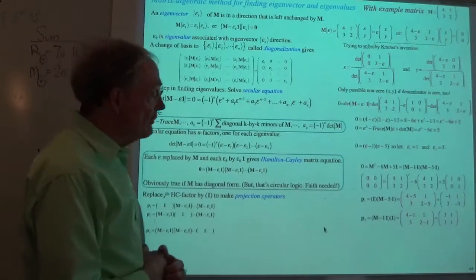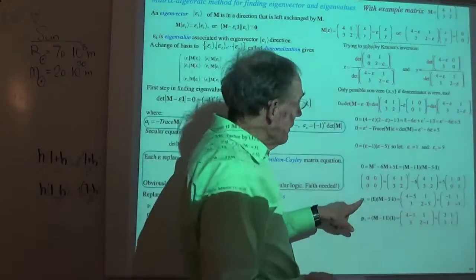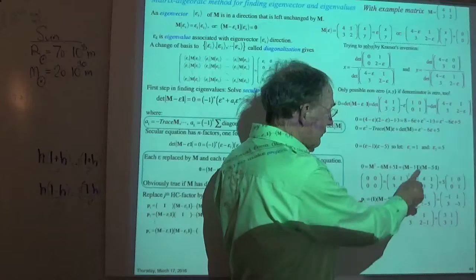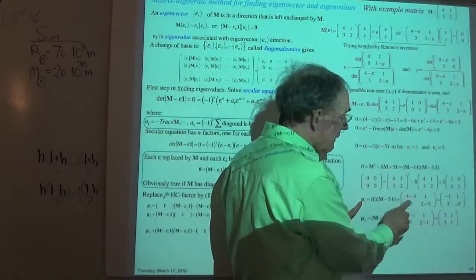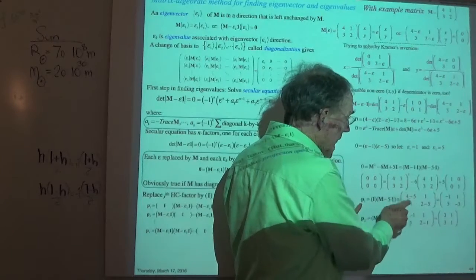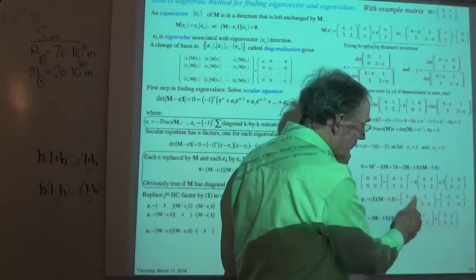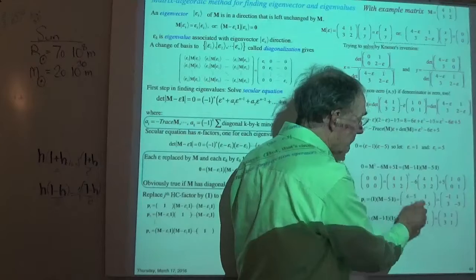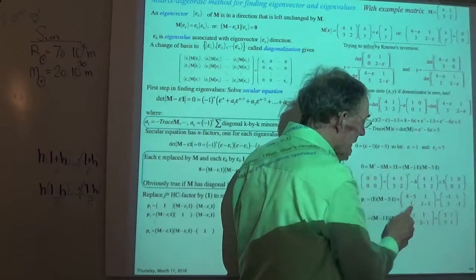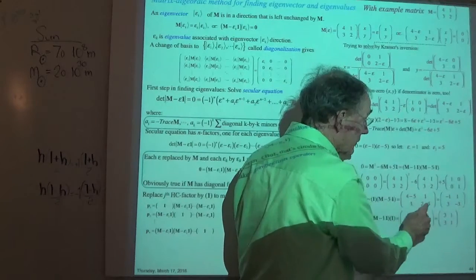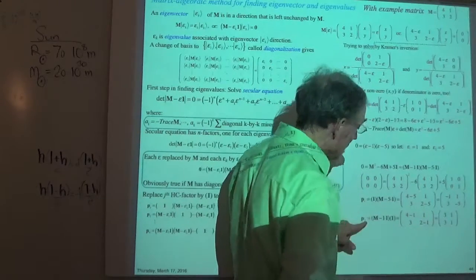And you'll see that in just a minute. So here all I did was replace the first factor by a 1. So that's m minus 5 times 1. So here's the m with minus 5 times the thing on the diagonal. That's the 1 matrix. Okay? So I've got a minus 1 from that, and a 1 from that. The off diagonals don't change, but the on diagonals do. Okay? And then go on to the next one.